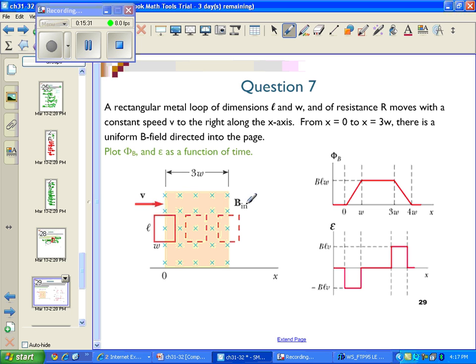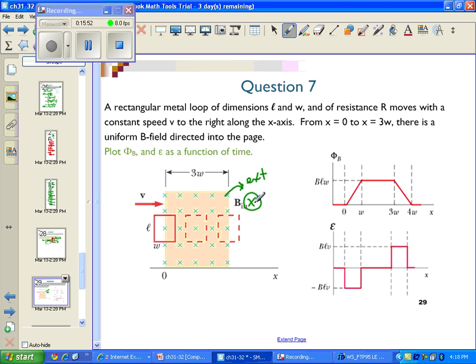And the "in" part here just means that it's into the page, in other words, in the minus k-hat direction. So don't let this confuse you with the word induced. This definitely is an external magnetic field to the loop.